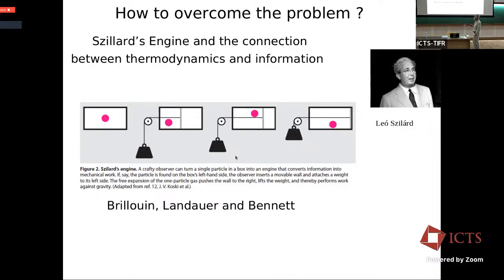It just has to decide whether the particle is on the right or on the left. Then you put a barrier with a weight, and the pressure of the gas molecule pushes the piston, and you are doing work. Then when the system is there, you may remove the particle and start again. Now you see that you can do cyclic work.